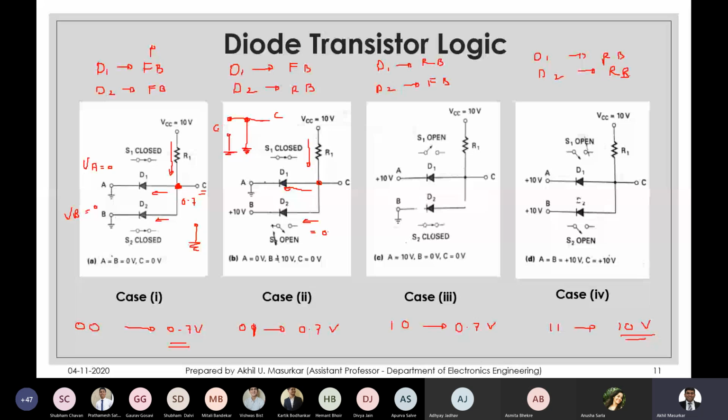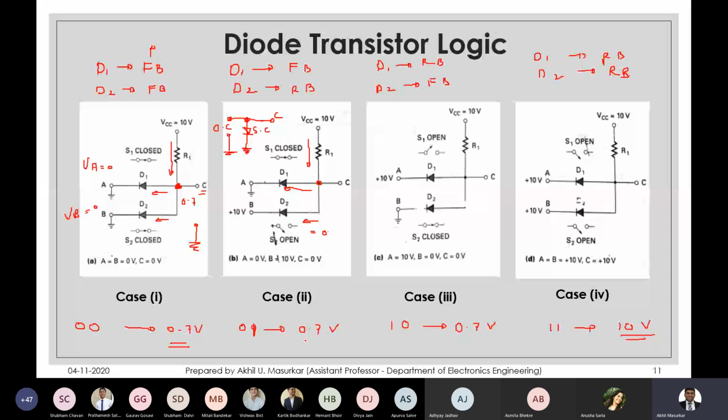Off diode is open circuit, on diode is short circuit. So the voltage drop at point C will be just 0.7.